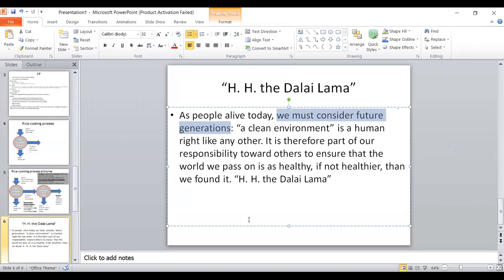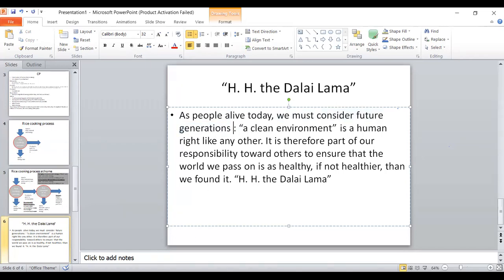They considered our generation, of course, most of the time. So we must consider future generations as well.